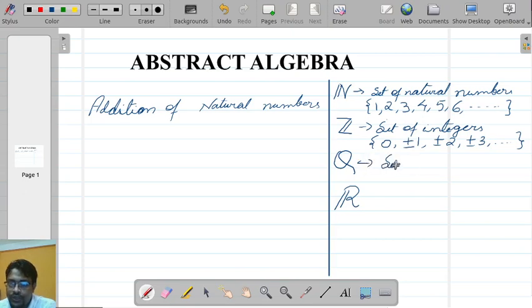Q is the set of rational numbers. What are rational numbers?